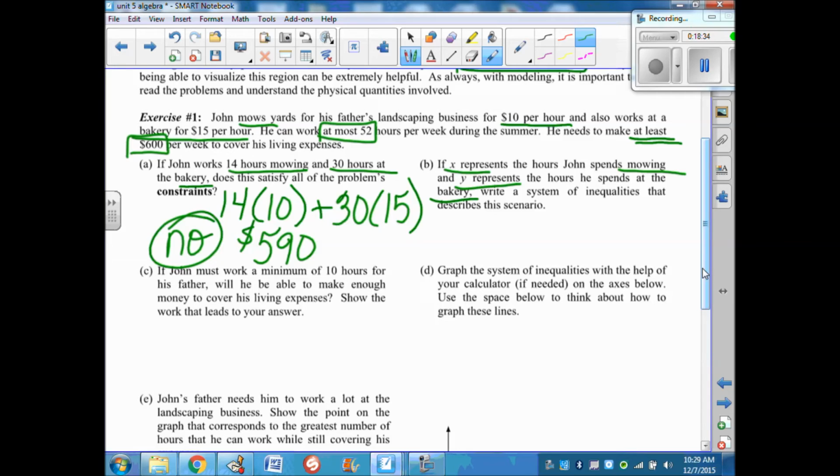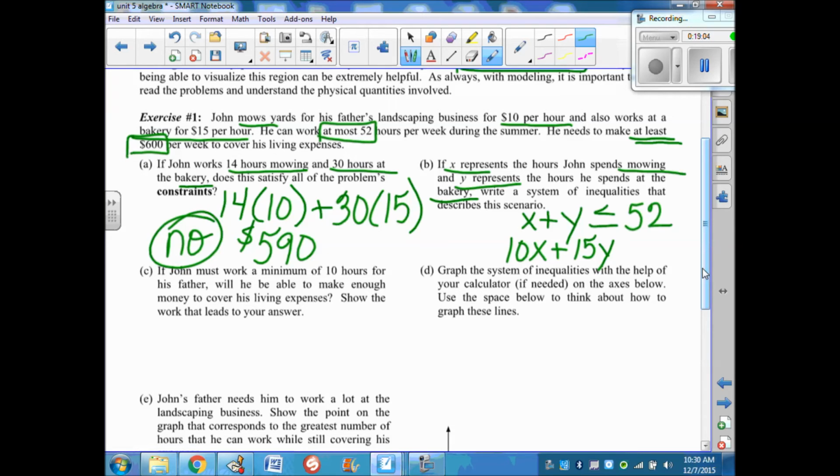So the hours mowing lawns plus the hours at the bakery has to be less than or equal to 52 hours, because remember, it says he can work at most 52 hours in the summer. Now the second situation is the money that he makes. He makes $10 for every hour mowing lawns plus $15 for every hour at the bakery, and that amount has to be at least $600.